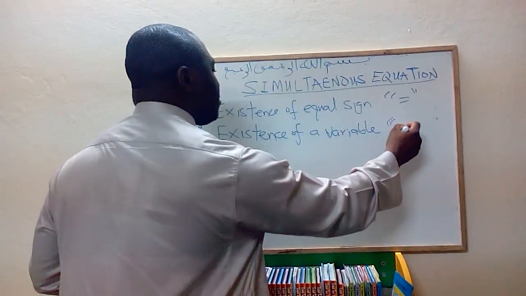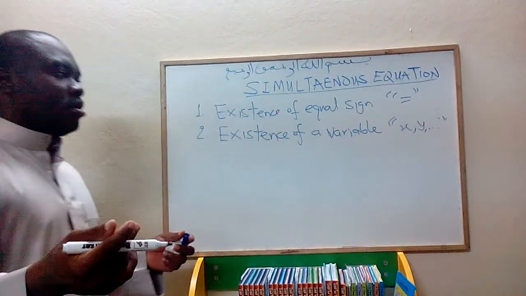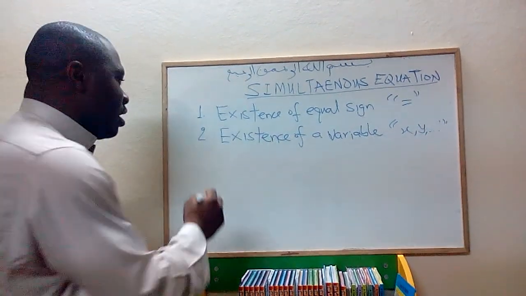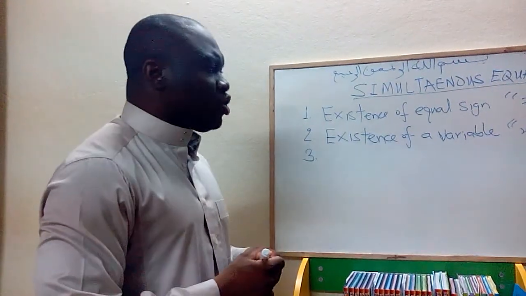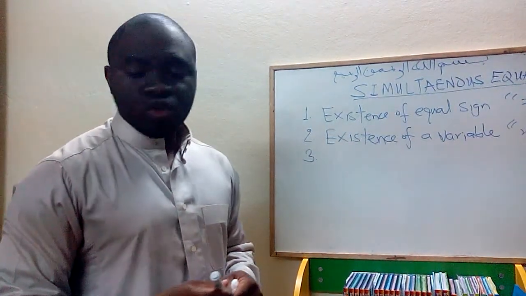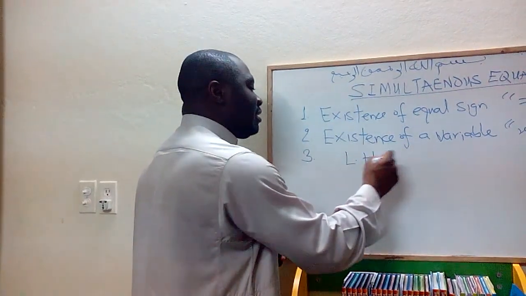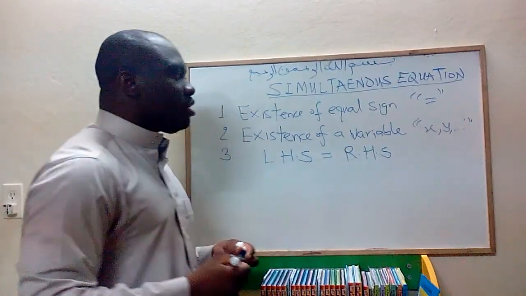It can be X, Y, or any alphabet. This is the variable we seek to solve for in an equation. And the last thing that tells us about an equation is the existence of the two sides. We must have a left-hand side that is equal to a right-hand side.